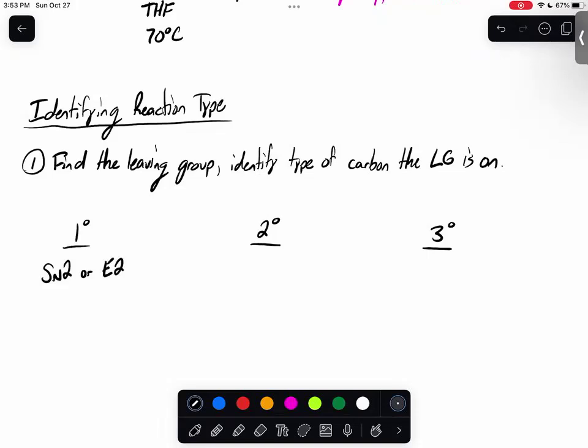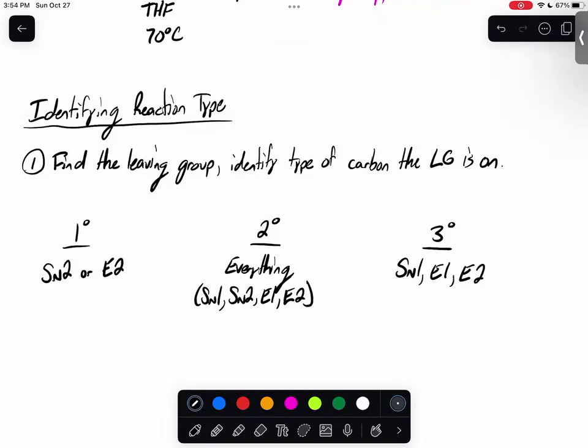If the leaving group is on a secondary carbon, technically everything is possible, right? So SN1, SN2, E1, and E2 are all possible if the leaving group is secondary. The third thing, for those tertiaries, is remember that on tertiary carbons you cannot perform SN2. So that at least brings us down to it can be SN1, E1, or E2.